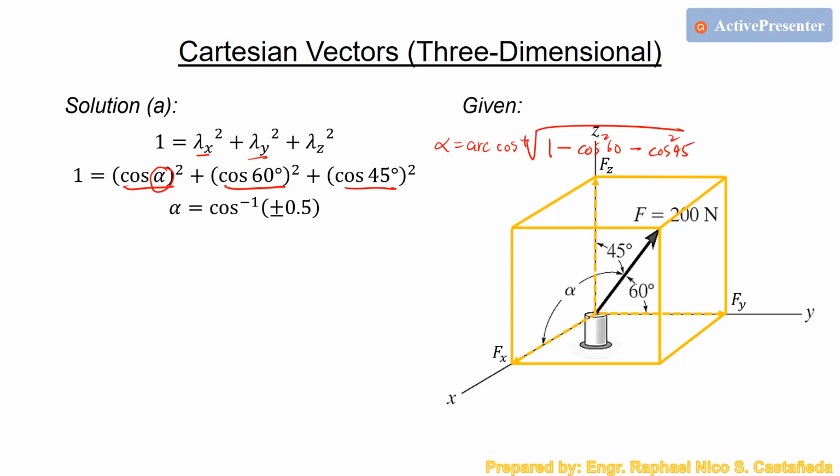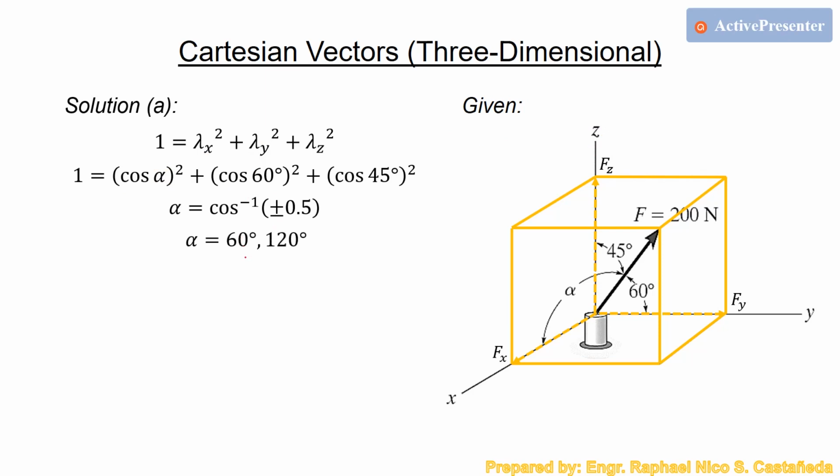You will get two answers because of positive and negative. So the answer for alpha is 60 and 120.